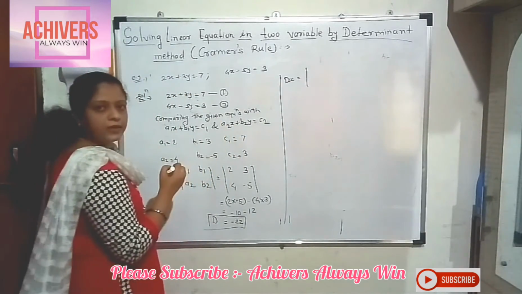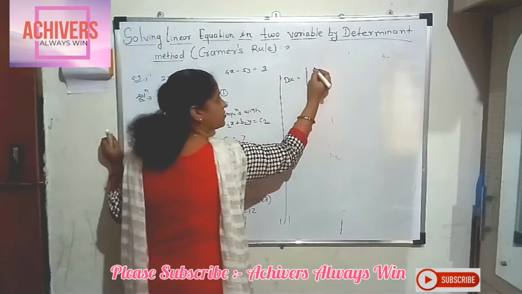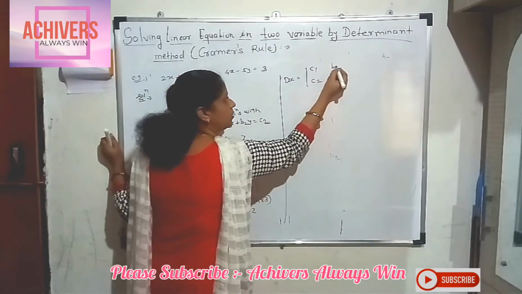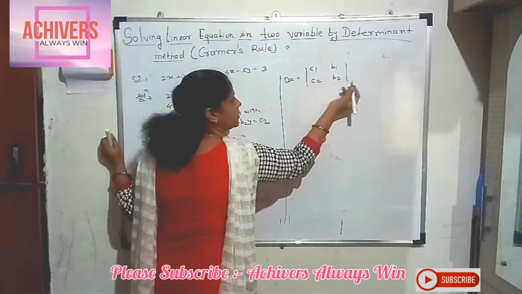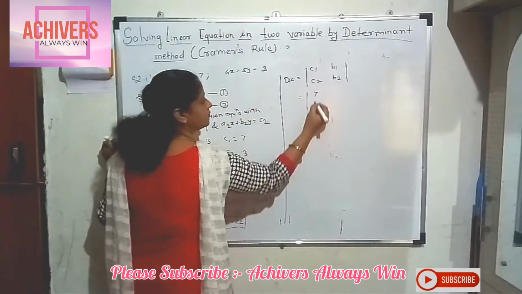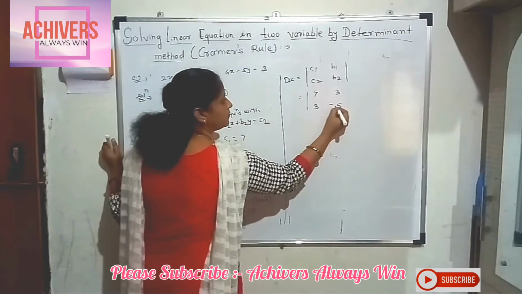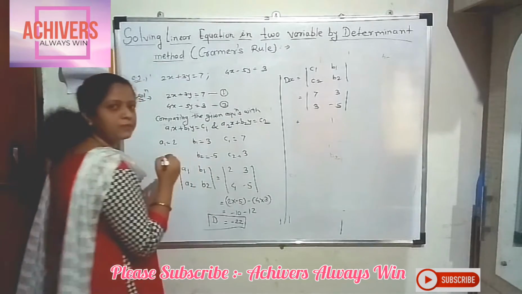Then we calculate the value for dx. For the dx determinant, which elements do we replace? X coefficients. Then here which was C1, C2, B1, B2. Substitute the values. C1, C2: 7, 3. B1, B2: 3, minus 5. Solve this determinant.